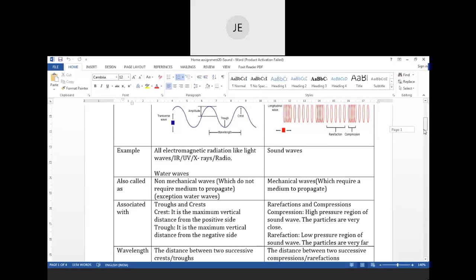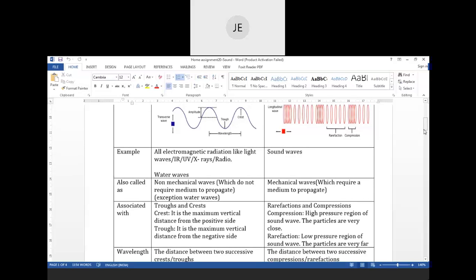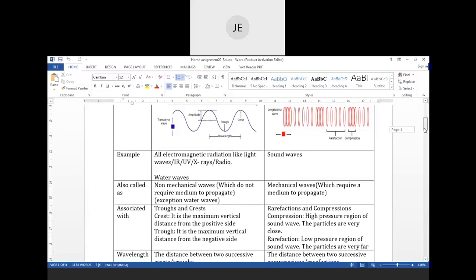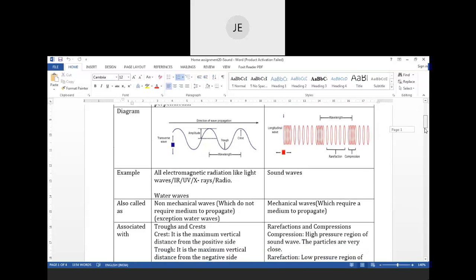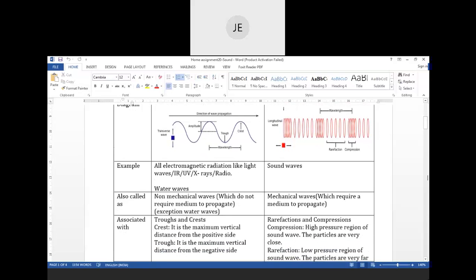Now coming to the fourth point, associated with the transverse wave, there is a crest and there is a trough. You can see in the diagram, this is a crest, the maximum point on the positive side, and the trough, the maximum point on the negative side.